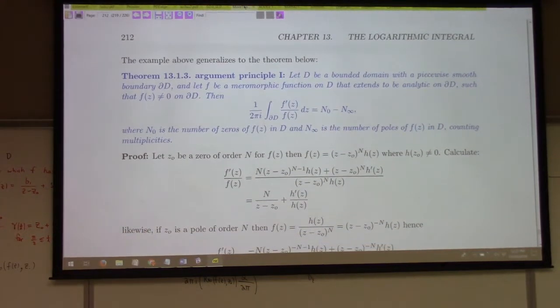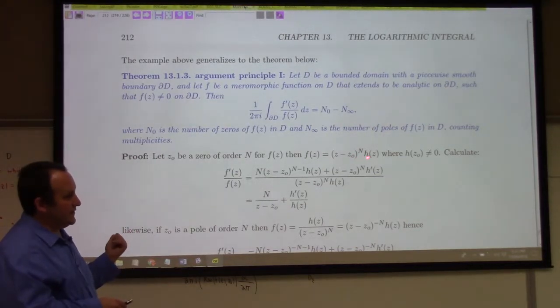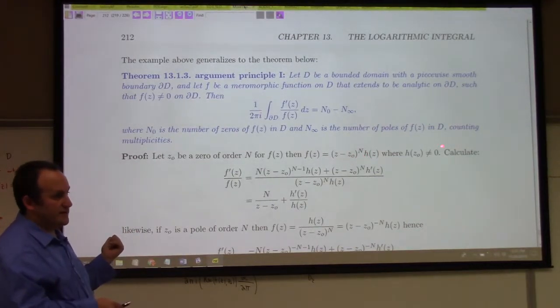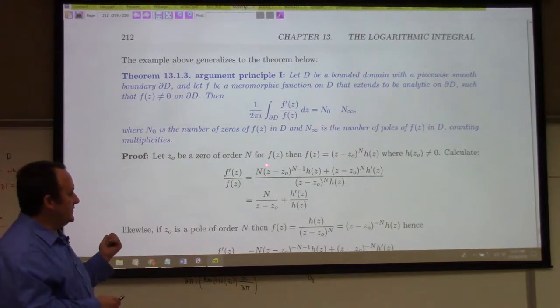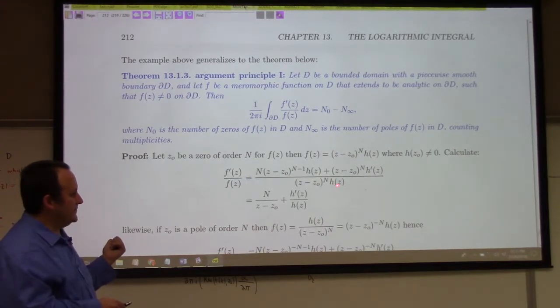So first of all, if z naught is a zero of order n, we learned that means f of z can be written as z minus z naught to the n times h of z, where h is holomorphic at z naught and non-zero. And so if you differentiate f by the product rule, you get these terms, and f of z down there is like that. So then what happens? Well, this simplifies to n over z minus z naught plus this piece over here.